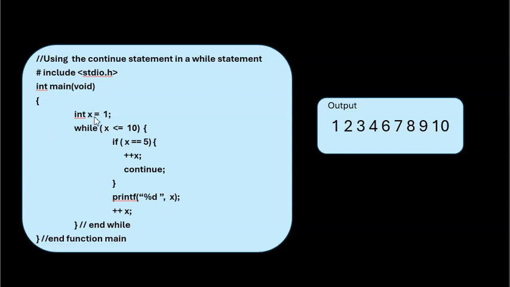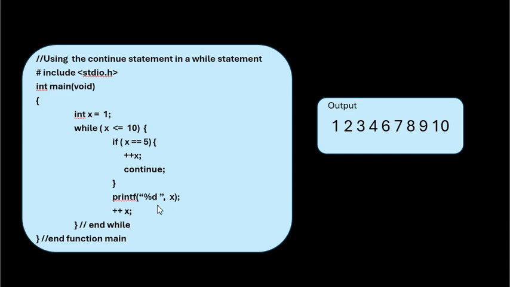Variable x is initialized to 1, while 1 is less than or equals to 10. We check whether x is equals to 5. No, it is still 1. Then we don't need to go inside this if. Then we can print number 1.